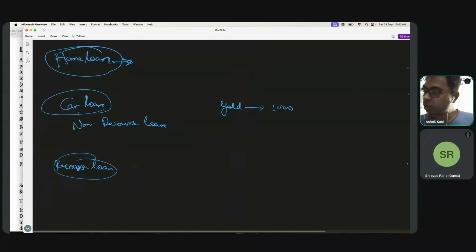How much loan will you get? Not 900, that is too much. Only around 700 or 800, about 30-40 percent less, you will get.